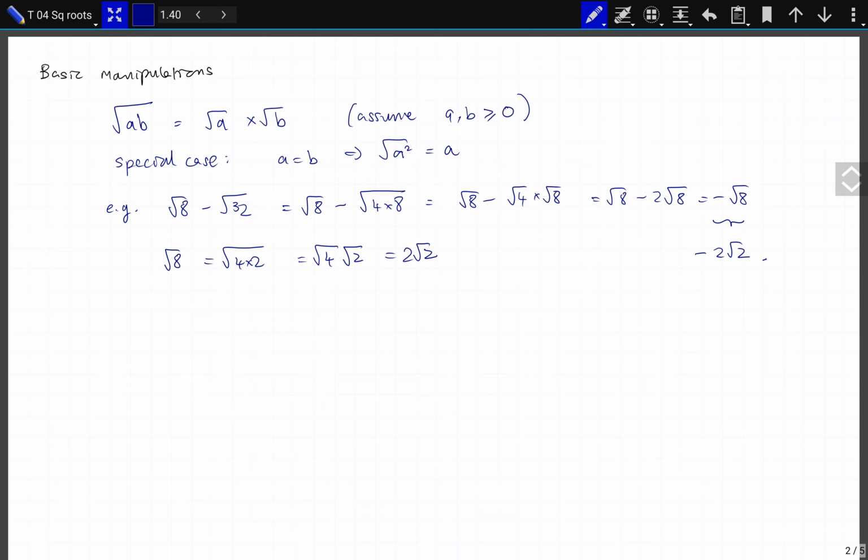If you like, you can also expand as another example. 7 minus 3 root 2 squared is equal to, if we remember that in the general case, a plus b squared is a squared plus 2ab plus b squared, this becomes: 49 is 7 squared, 42 is 2 times 3 times 7, and the last part is minus 3 root 2 all squared, and that bit is 9 times 2, which is 18.